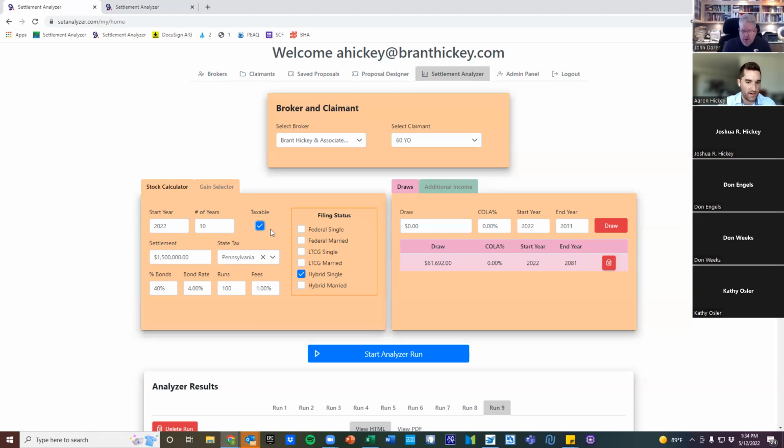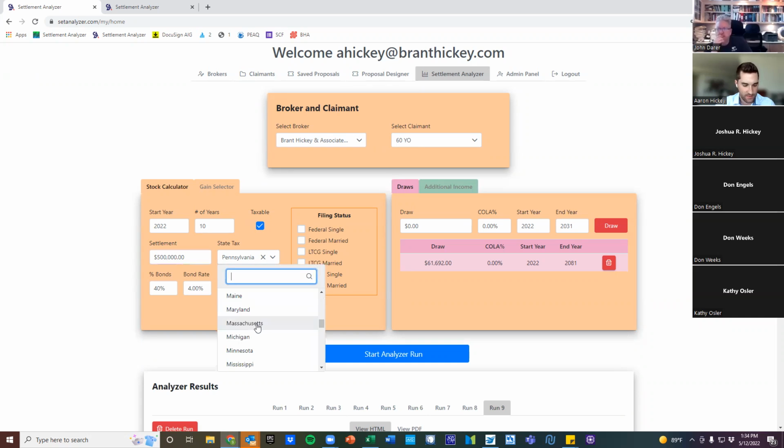This is what makes it a non-qualified settlement, and I will show you how that calculates information right below. In this example, I used $500,000, and I said that this individual lived in Texas.